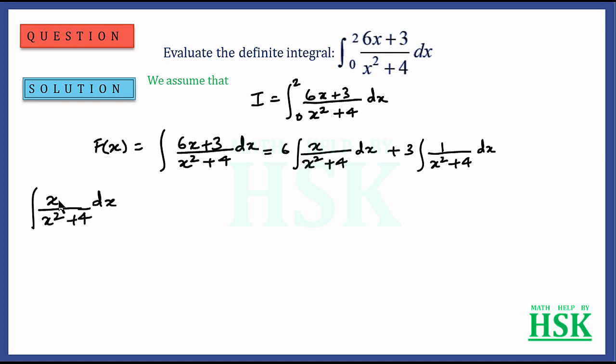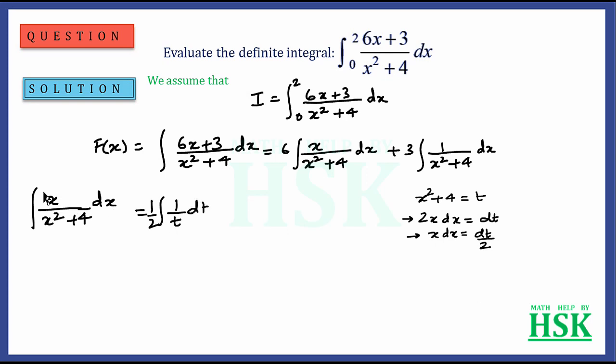So I can write that integration of x upon (x square plus 4) dx, I take this integral and I substitute x square plus 4 as equal to t, so I get 2x dx as equal to dt. For x dx I can write dt upon 2, and for x square plus 4 I am going to write t, so this will be equal to 1 by 2 times log of x square plus 4.